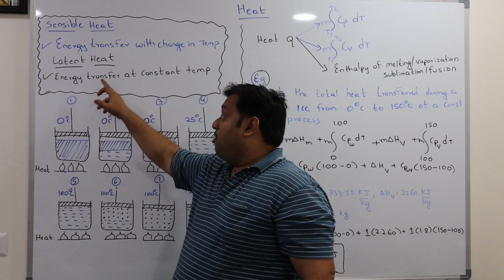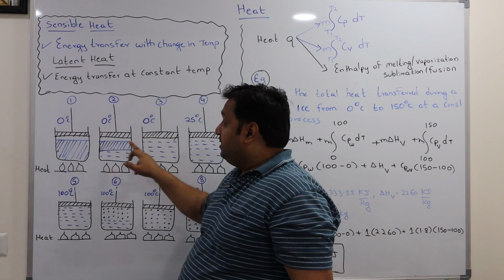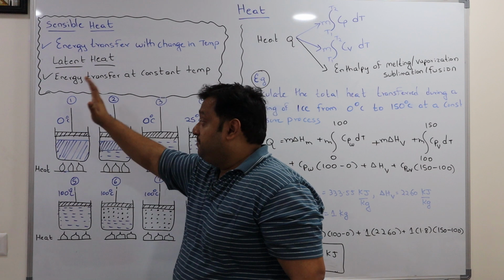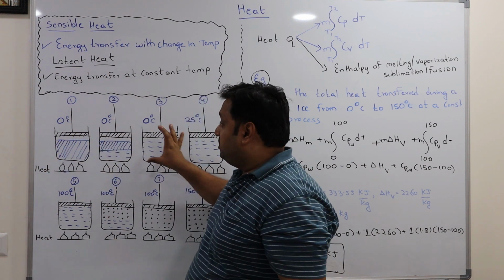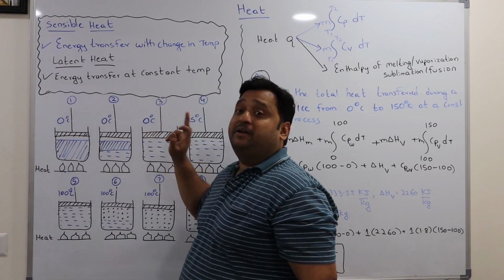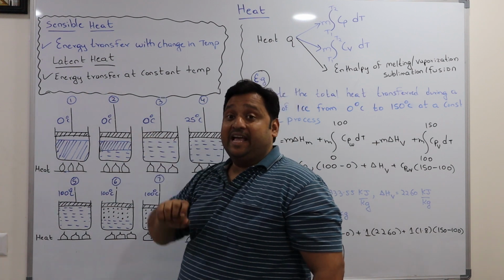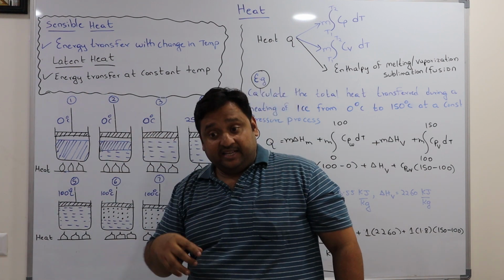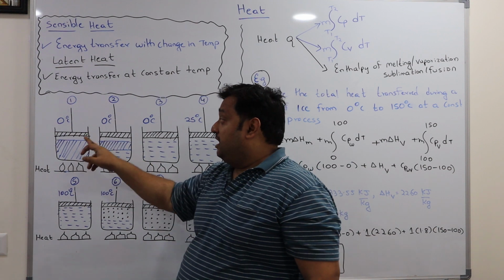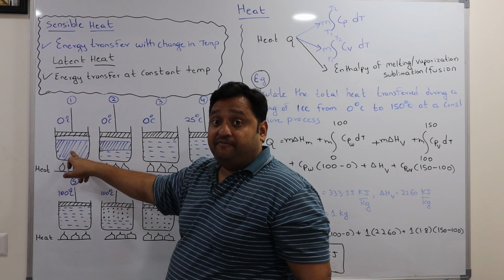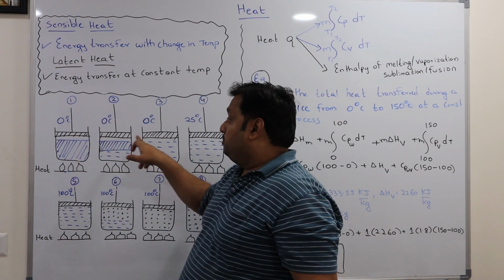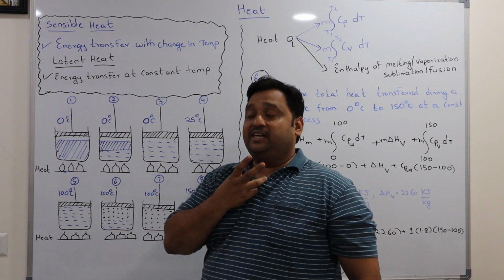That is why it is called heat transfer during this phase change from block of ice to liquid, which happens at the same temperature. This energy is used in converting the phase from ice to liquid. That is called latent heat.